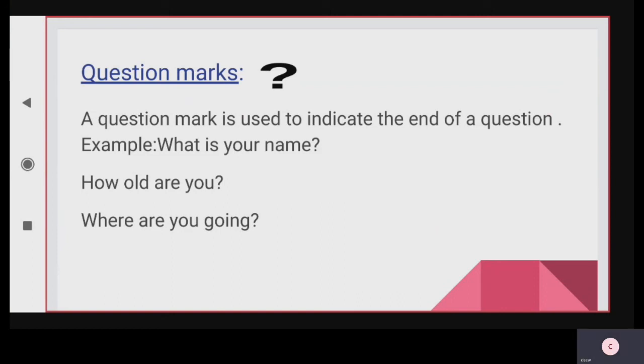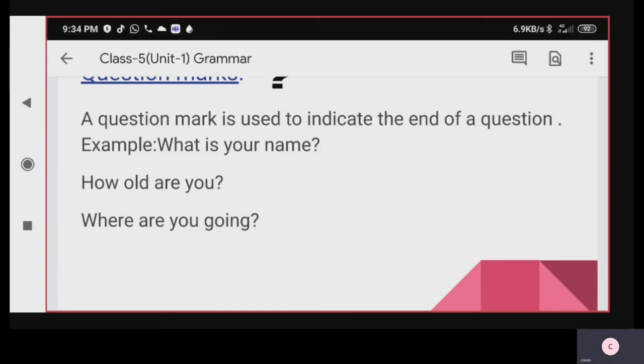Second point, always put a full stop at the end of a sentence. Third point, put a comma to separate the words or group of words in a sentence. Children, don't forget to put a question mark at the end of a question.